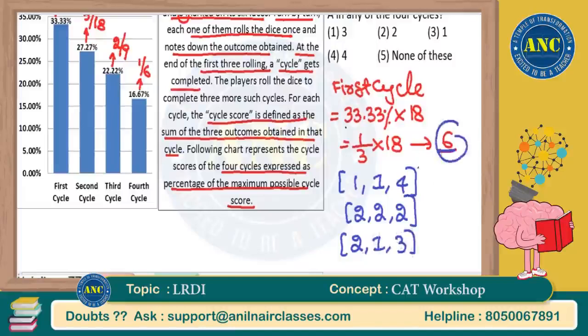To get 6, this could be any of these case possibilities. I hope it is clear. It is given as maximum possible cycle score. Maximum is 6 plus 6 plus 6. First cycle it is clear, right sir? First cycle it could be 1, 1, 4, it could be 2, 2, 2, it could be 2, 1, 3, or other combinations. Similarly, let us do the others.